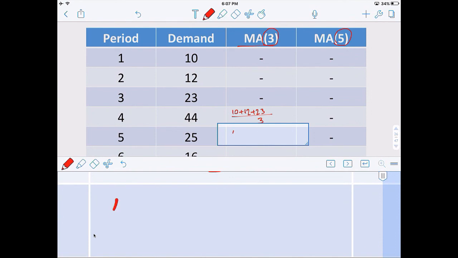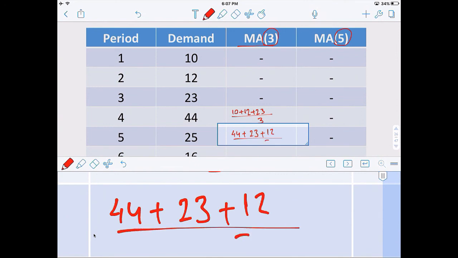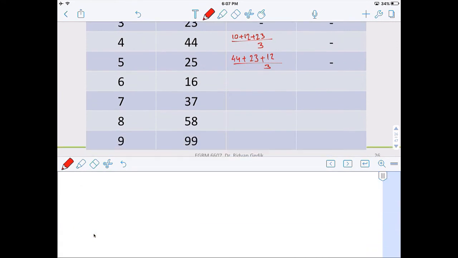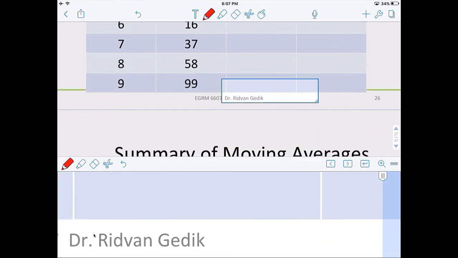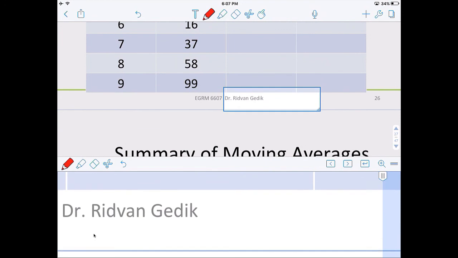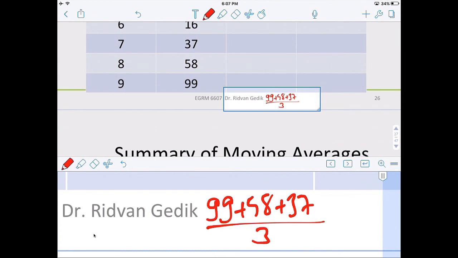How do you do that? You include 44 this time plus 23 plus 12 divided by 3. Okay? And you will keep doing this until the last month. The last month forecast, once we have 99 available, we will just say 99 plus 58 plus 37 divided by 3.